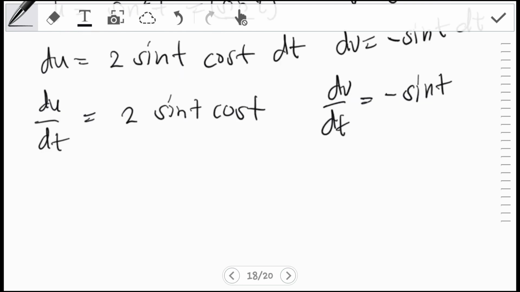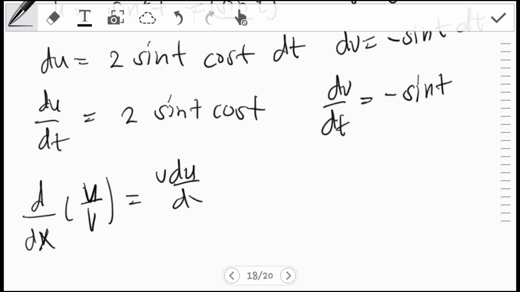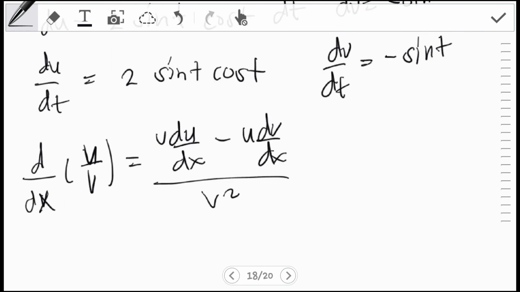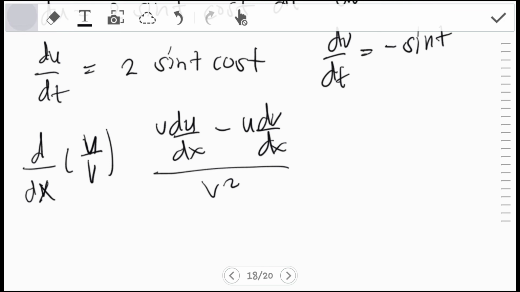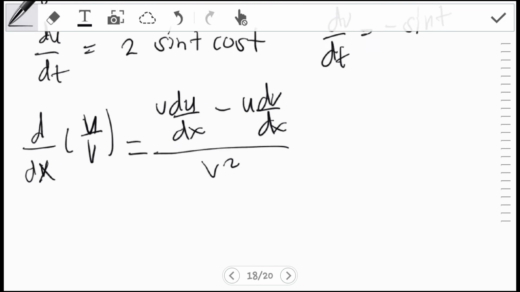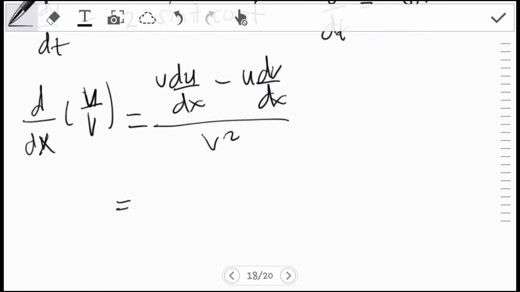And then we apply this formula, which is the quotient rule: d over dx of u over v is equal to v du over dx minus u dv over dx, over v squared. So substitute.